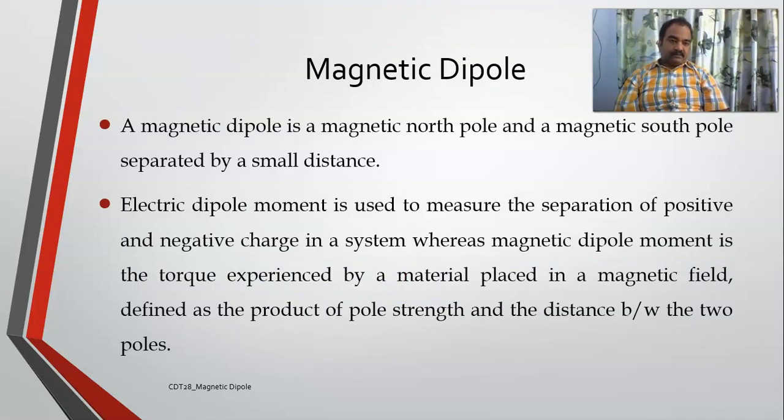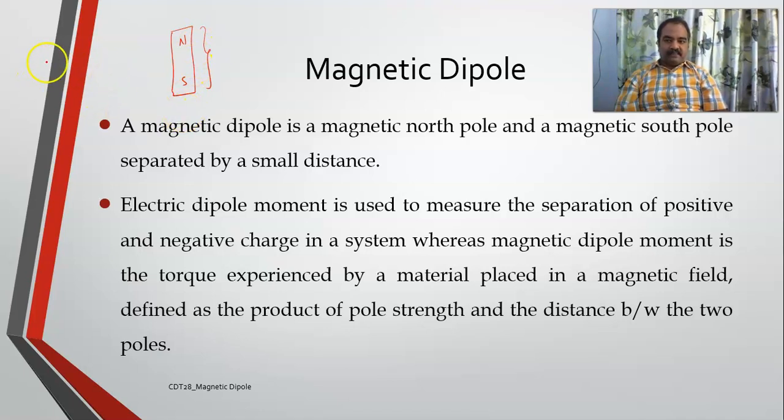I think you have already studied the magnetic dipole in your plus 2, so let's have a quick recap. A magnetic dipole is a magnetic north pole and a south pole which are separated by a small distance. Normally all bar magnets have both north and south poles.